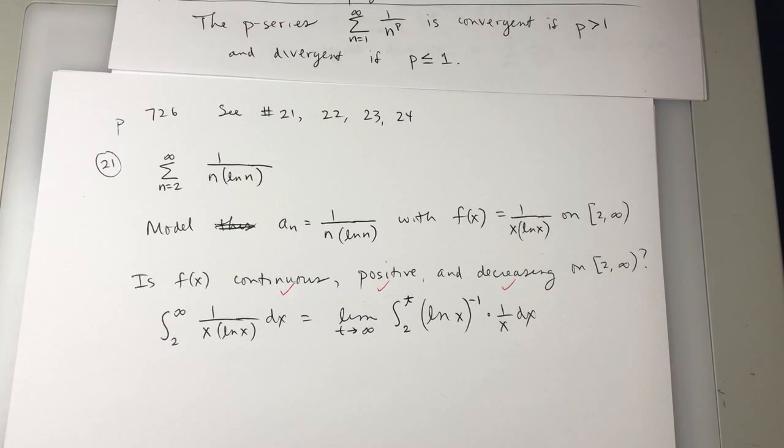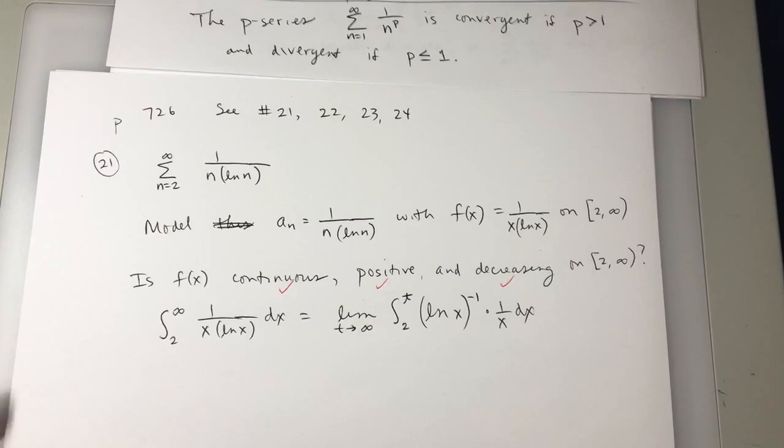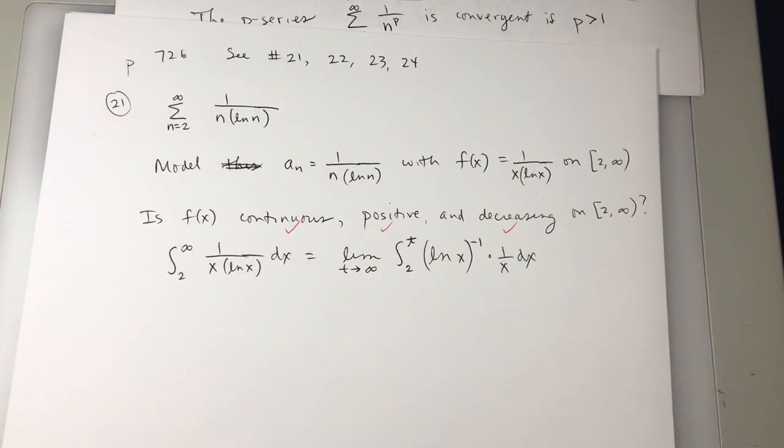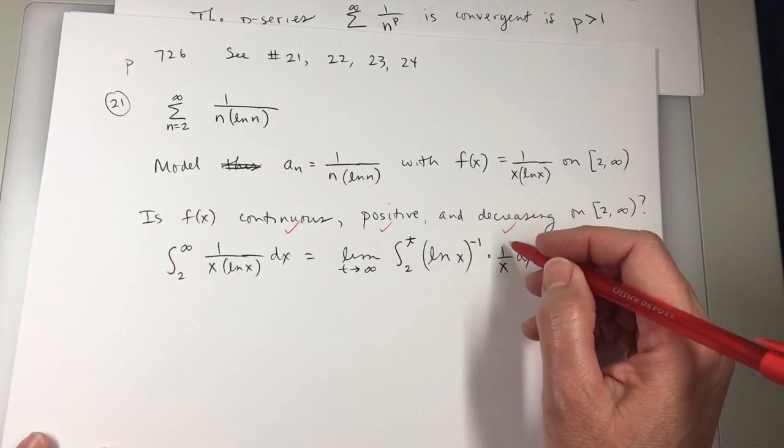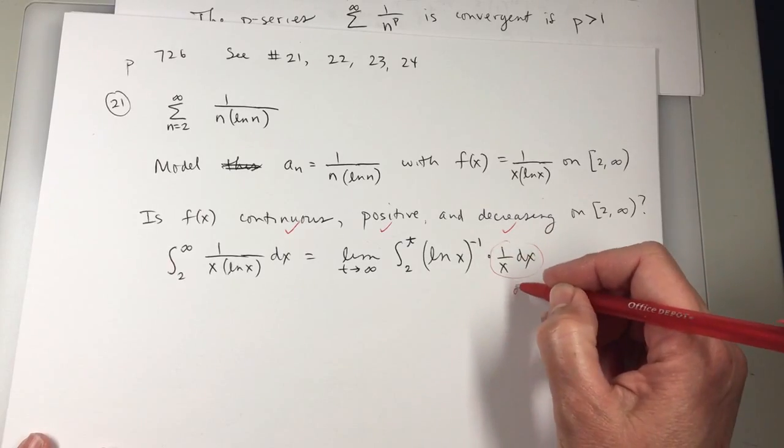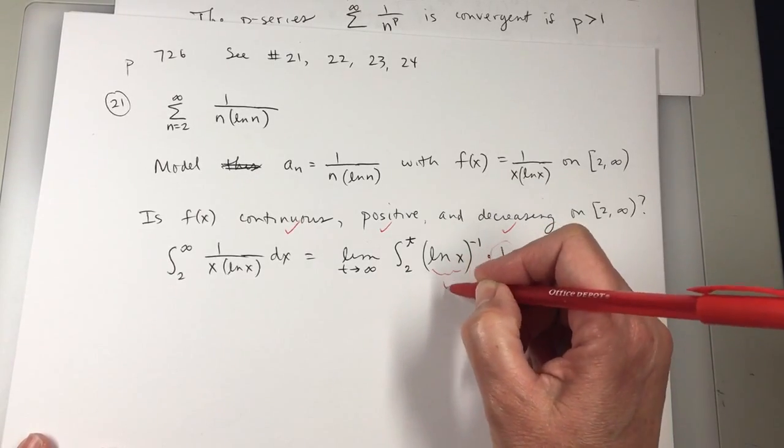I'm trying to give you a hint right there. What am I thinking about? U substitution. U would be what? ln x. What's the derivative of ln x? 1 over x. Here's my du, here's the u.